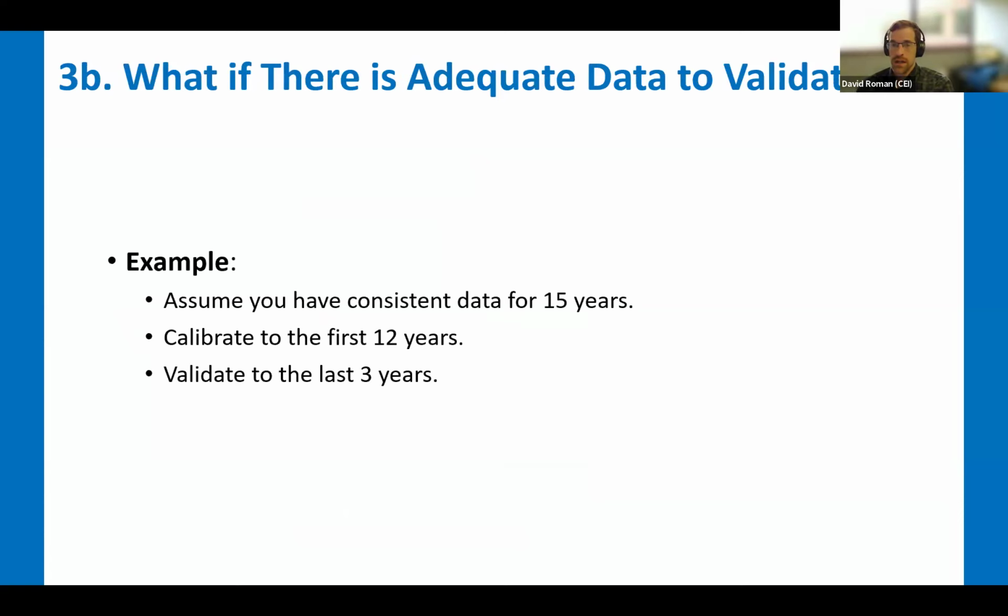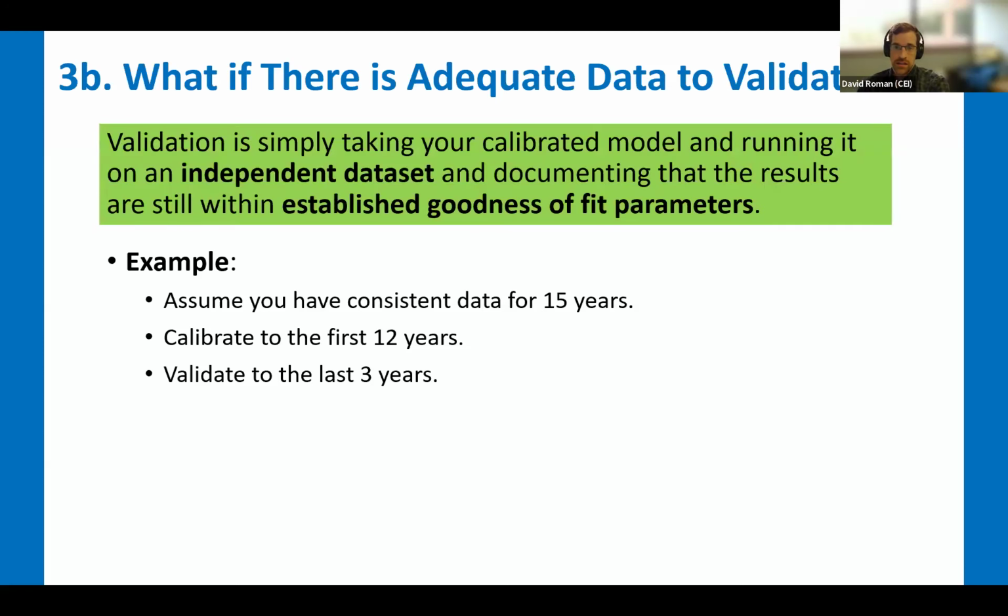We would do that whole entire calibration process for the first 12 years of that data. And then we could just validate, just for the last 3 or so, just to make sure that it still stands up. So really all that validation is, you're taking your calibrated model and you're running it on an independent data set and making sure that the results are still within reason.